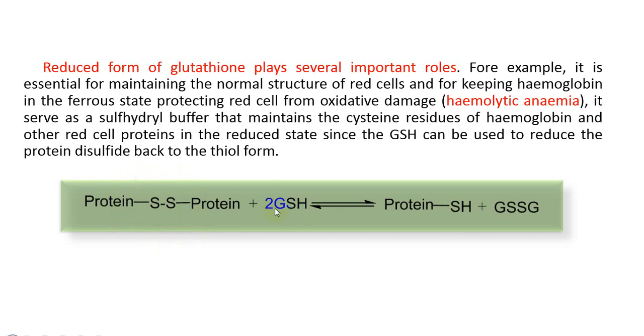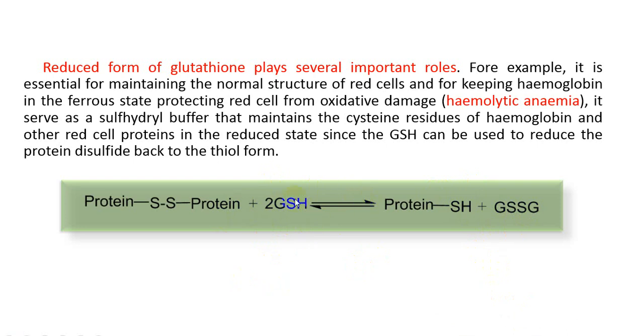In the presence of two molecules of reduced glutathione, this protein residue will be converted to cysteine with SH, or thiol group, and GSSG will go back to form two molecules of the reduced form.